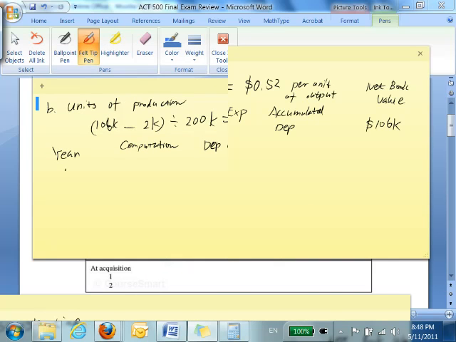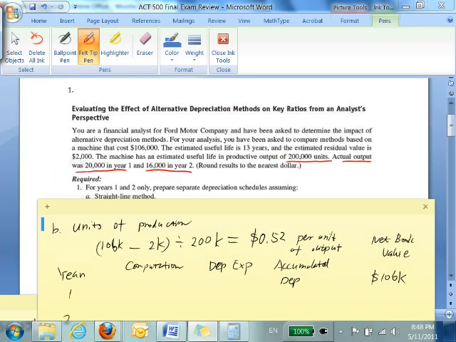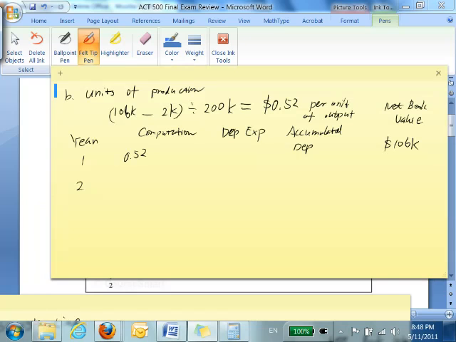In year 1, actual output is 20,000, right? So we have 52 cents per unit times 20,000 units equals 10.4K. Depreciation expense is 10.4K. Accumulated depreciation in year 1 equals the depreciation expense, 10.4K.